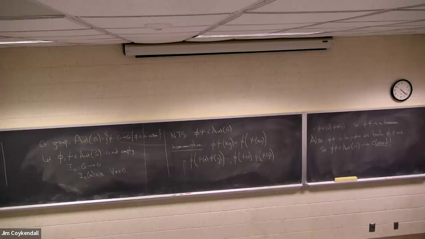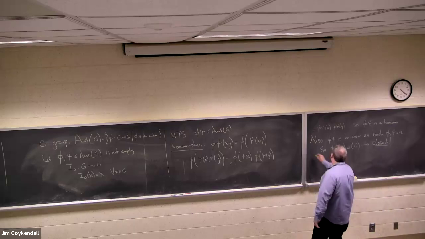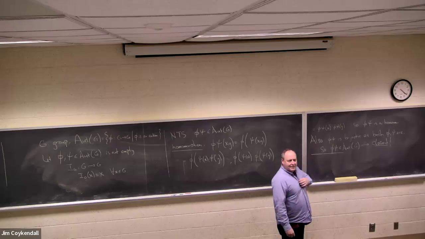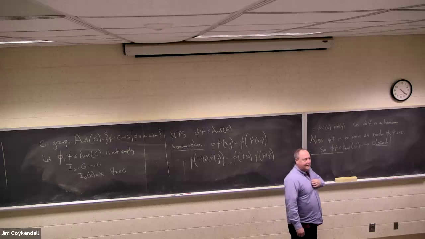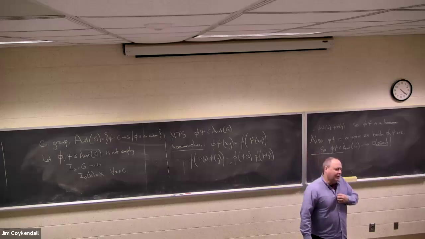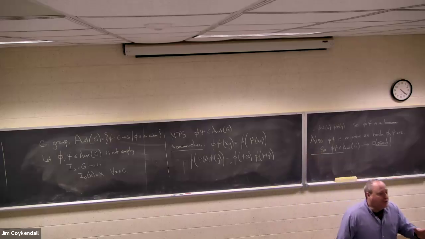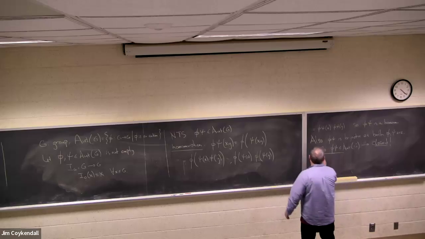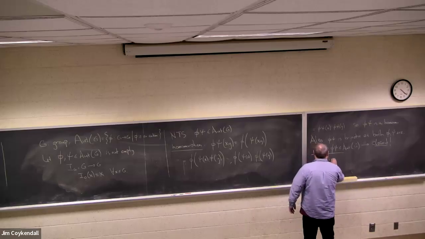We've got closure. Associativity. We need associativity. Somebody help me be lazy on this one. Is function composition always associative? Please don't make me grade your papers on this. Yes, function composition is always associative. This is another kind of background thing.